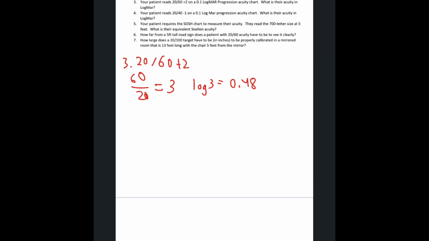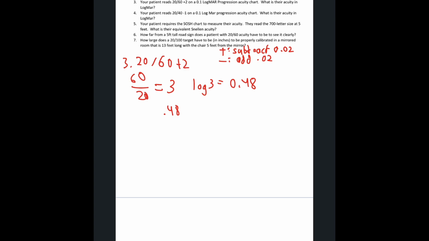Okay, now for these problems, when you have like 20/60 plus 1, 20/60 plus 2, for whatever number you have plus, you're going to subtract 0.02. So for plus, you subtract 0.02, and for minus, you add 0.02. So we have our LogMAR is 0.48, and it's 20/60 plus 2.